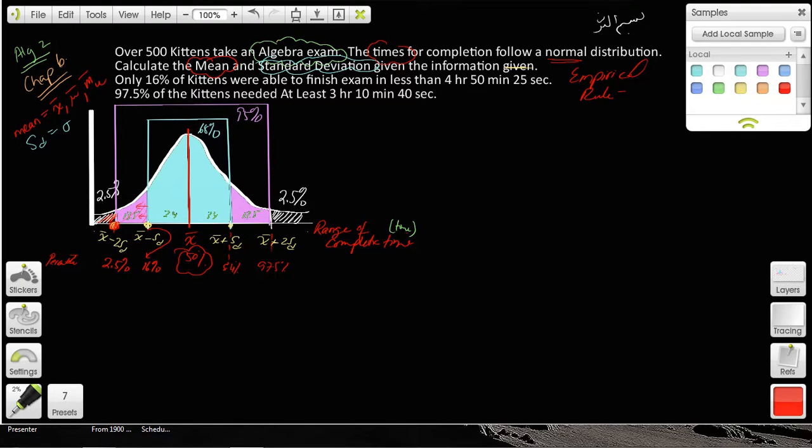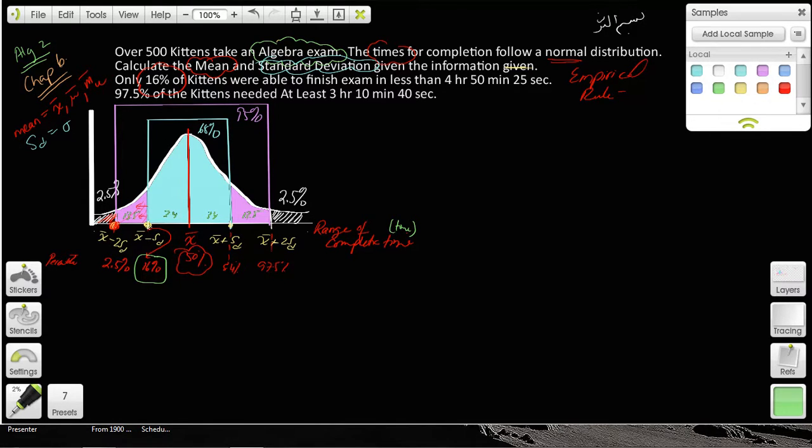All right. Now we are ready to interpret the data that's given to us. We said 16% of the kittens were able to finish the exam in less than 4 hours, 50 minutes, and 25 seconds. What that means is 16% of the kittens, which is right here, needed that much time.